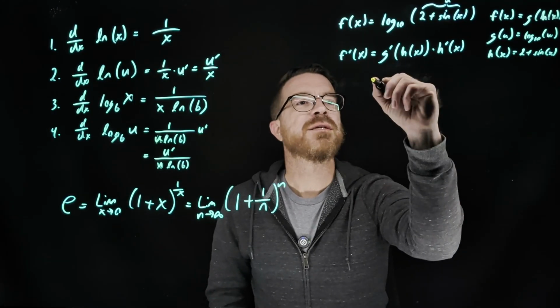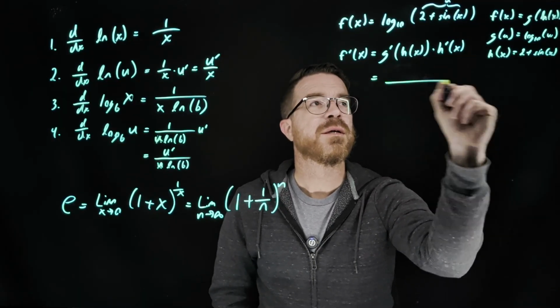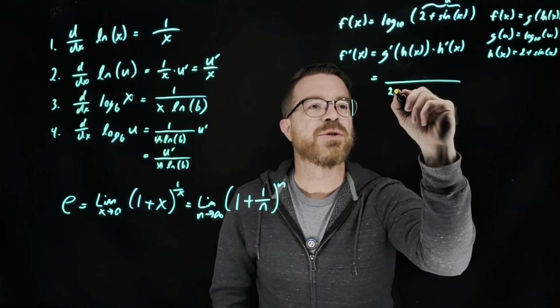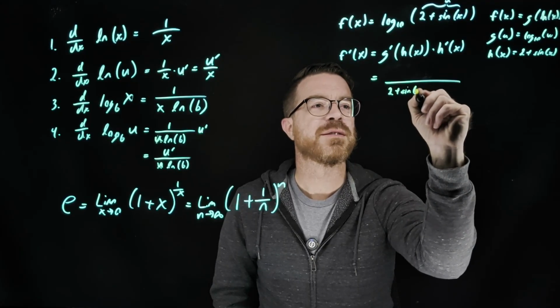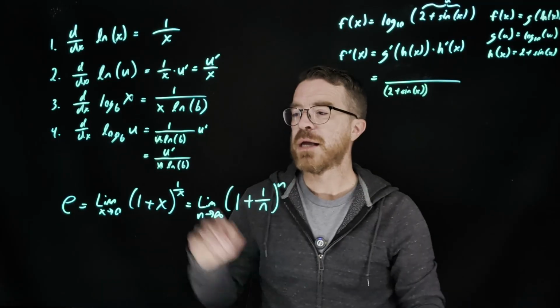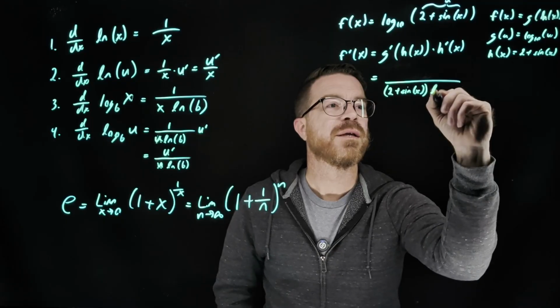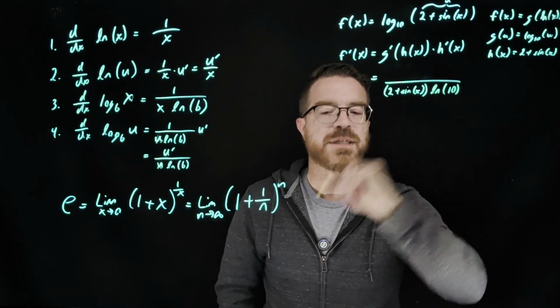So in this case, our u is the 2 plus sine of x. So this is going to be 2 plus sine of x, this is going to be our u, and then this is going to be times the natural log of our base, which in this case is natural log of 10.